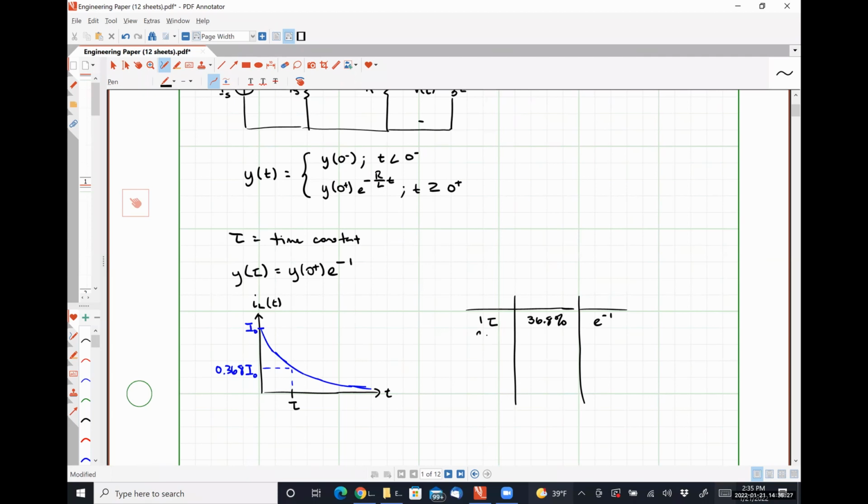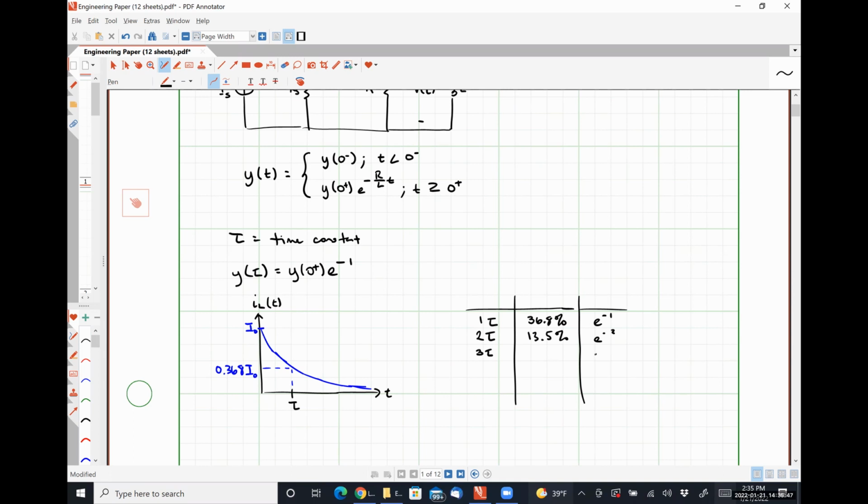Well, in two time constants, we will have e to the negative 2, which is 13.5%.